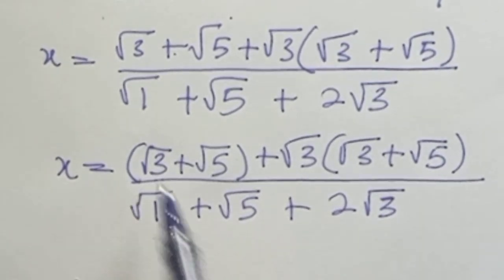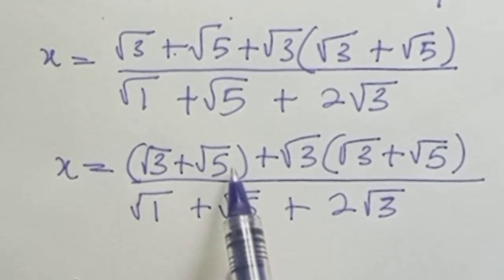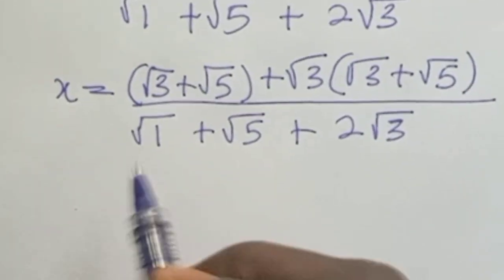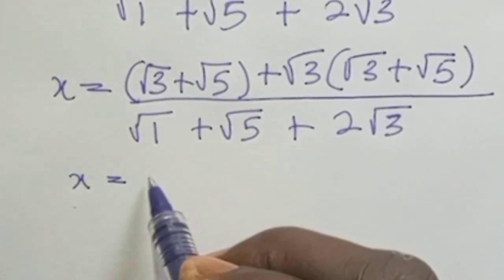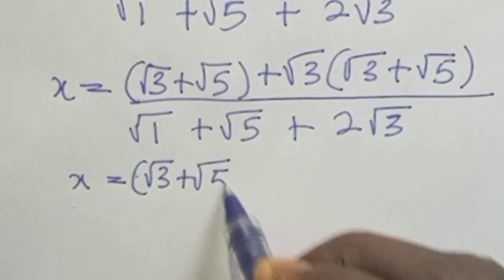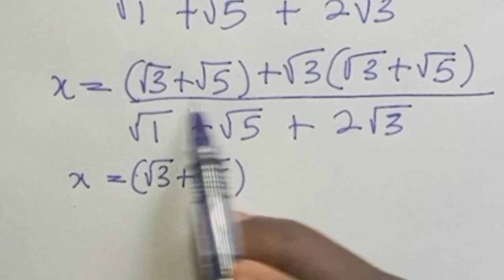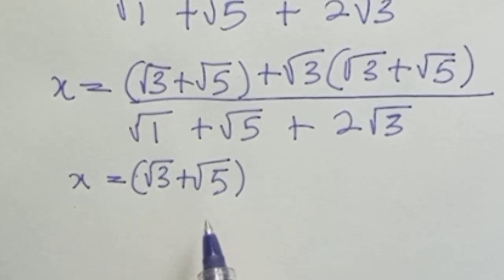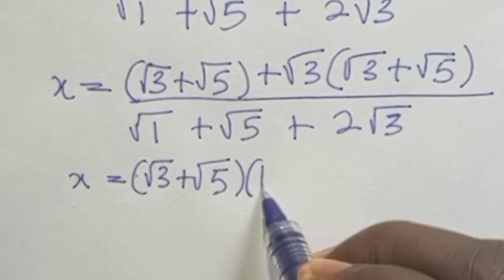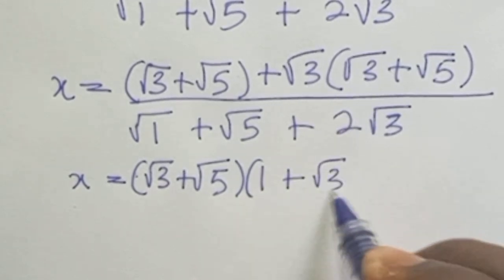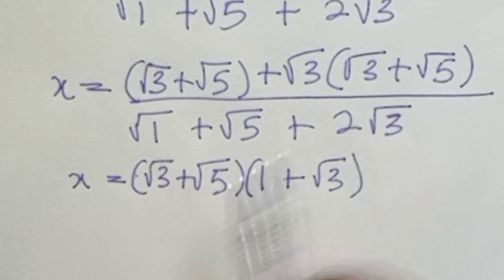So the next thing we do is to factor square root of 3 plus square root of 5 from the two terms. So s will become equal to square root of 3 plus square root of 5, bracket, square root of 3 plus square root of 5 divided by square root of 3 plus square root of 5 to be left with 1, plus here what will be left will be square root of 3, because when you divide, you cancel out, be left with square root of 3.